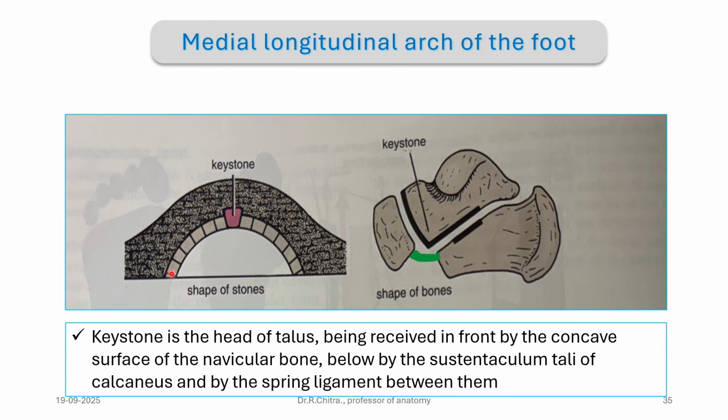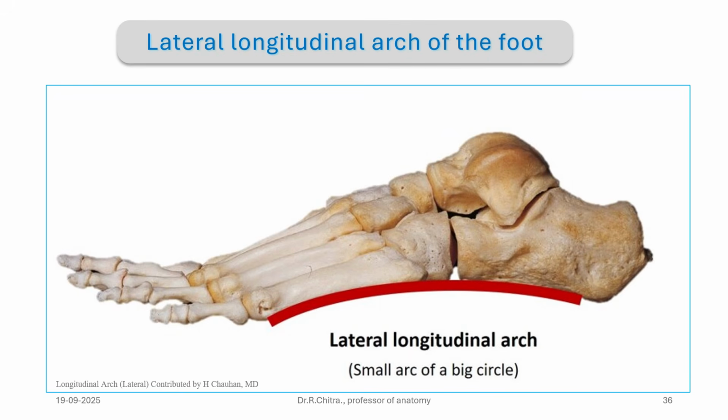We have now seen the anterior pillar, posterior pillar, summit and keystone. Now, like the medial arch, we will see the lateral arch. It represents the small arc of a big circle and its summit is low.